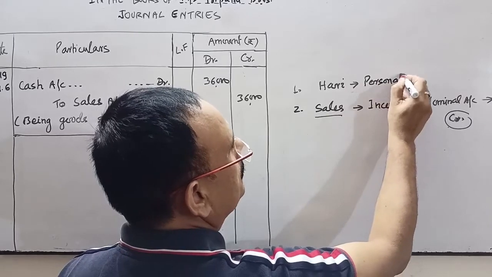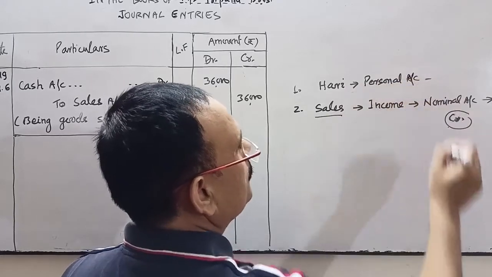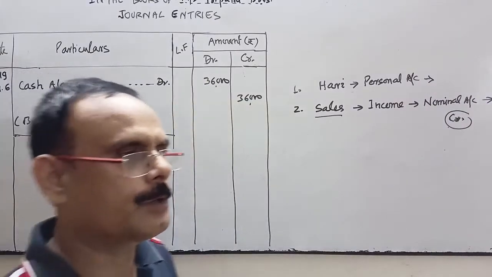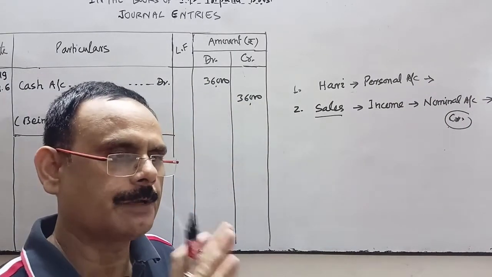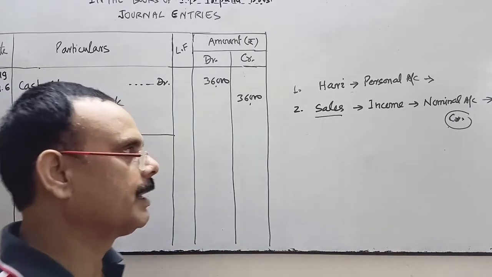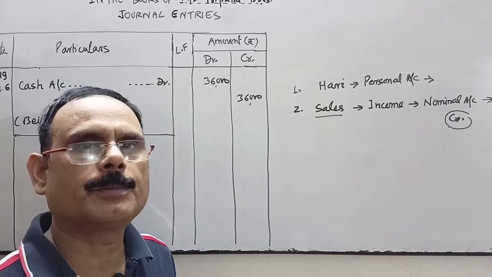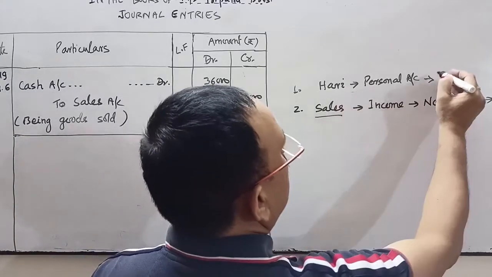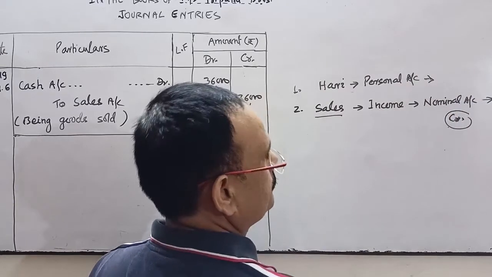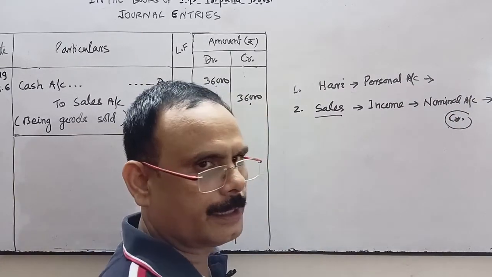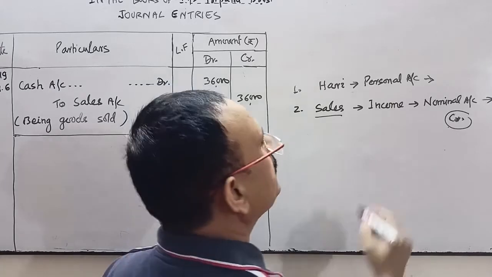Under personal account, there are three types: artificial, natural, and representative. So Hari comes under which type of person? Natural person. And you know the rules of personal account: debit the receiver and credit the giver.